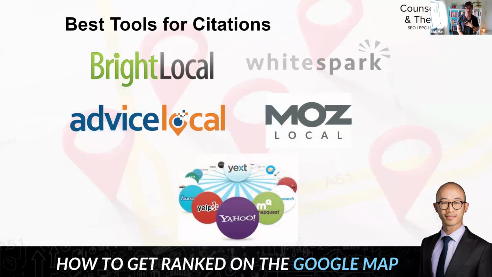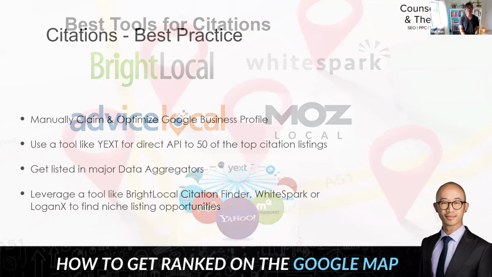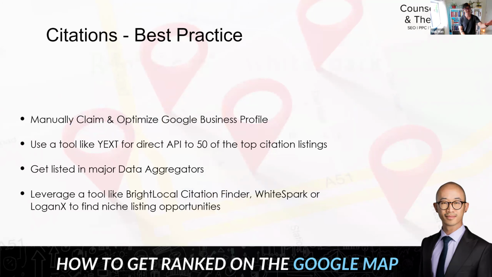Some of the tools we like to use in my team are Bright Local and White Spark. We actually like Yext as well. These are different tools you can use to help clean up your citations. For the citations, you want to manually claim and optimize them for your Google Business Profile, or GBP. If you use tools like Yext, it does make it a lot easier.